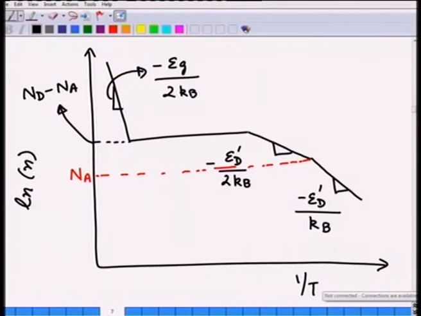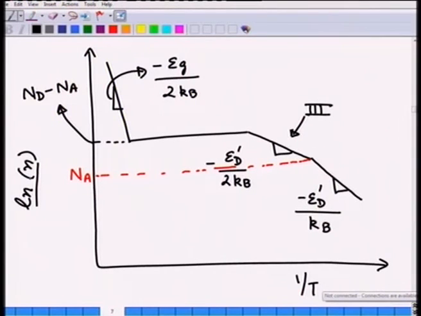Now, up to this point, we have this region, case 3, where n is greater than Na. So, the n which I am plotting here, log n is what I am plotting on this axis, and that number is falling down.